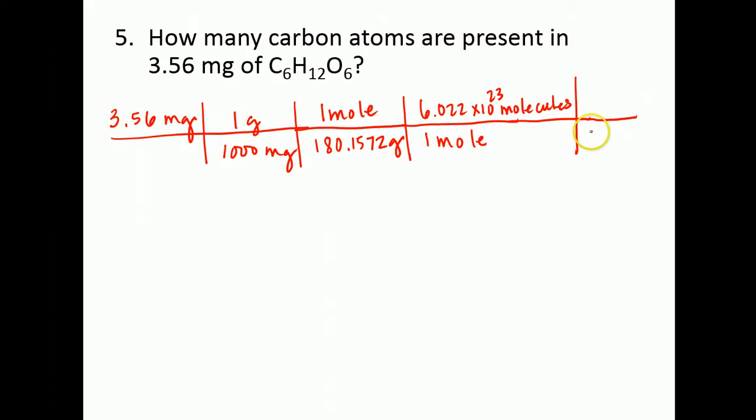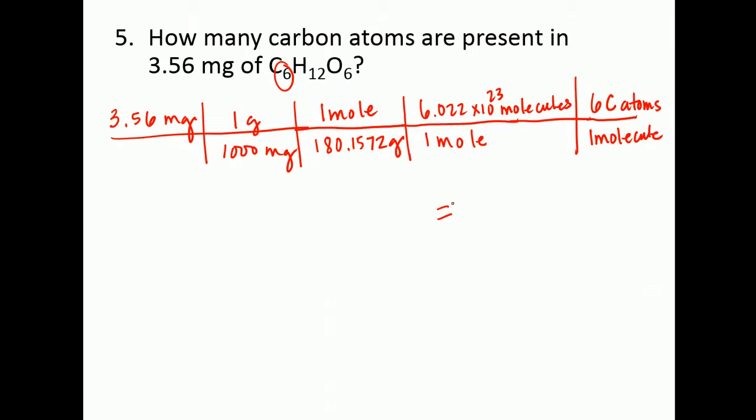And when I look at the formula, I can see that for every 1 molecule, there are 6 carbon atoms. So this time around, instead of multiplying by 11, we end up multiplying by 6.